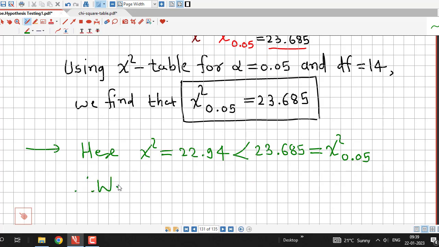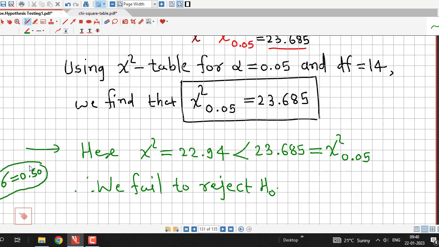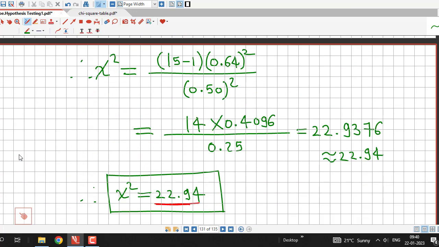Therefore we fail to reject the null hypothesis. And what is null hypothesis? Null hypothesis says that population standard deviation of thickness of dice cut from those wafers is 0.50. So we failed to reject null hypothesis.